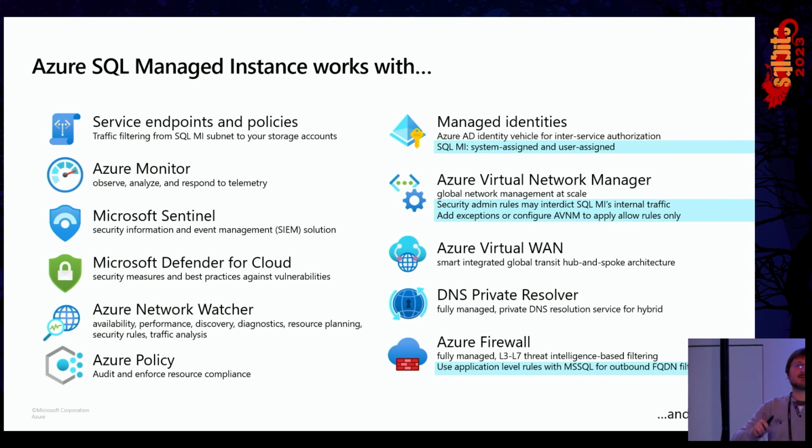One thing to keep in mind, the light blue callout: SQL Managed Instance does work, of course, everything works with Azure Virtual Network Manager, but the question is, what happens if a network administrator overseeing the operations of the entire Azure presence of a company closes the pipe on all ports?